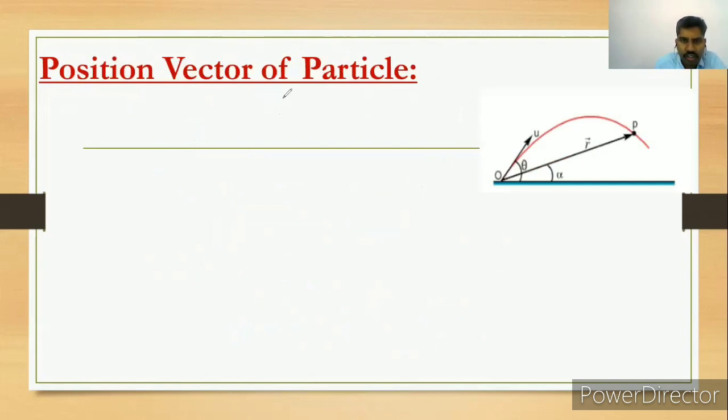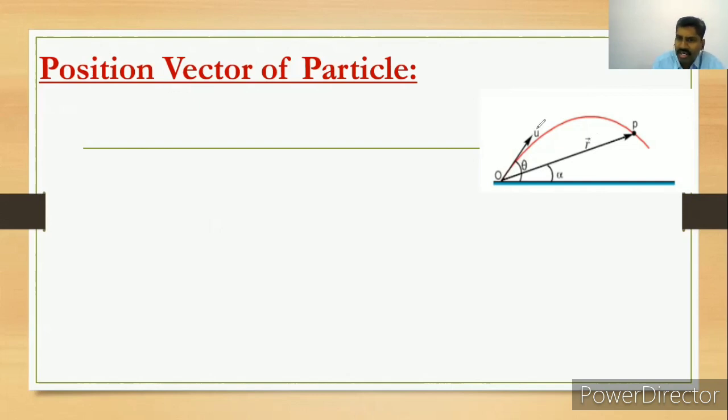Position vector of a particle. A body or particle is projected, and after some time it reaches point P. What is its position? From origin to P, that displacement is the R vector.